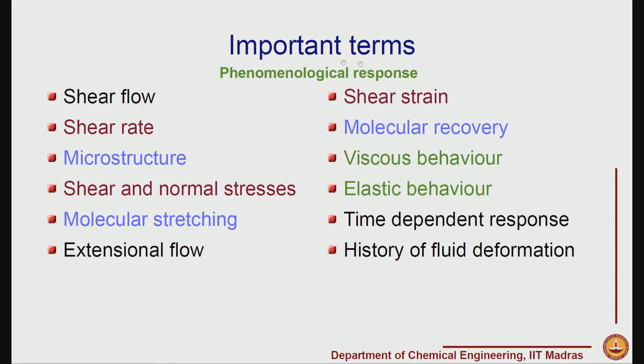We also saw that there are phenomenological responses, which we characterized. If it was in phase or out of phase, we said it is viscous or elastic, and whether it recovered completely or partially. All of these can be described phenomenologically as viscous, elastic or viscoelastic responses, and it is important to note them so that we can understand whether viscous behavior dominates or elastic behavior dominates, and to what extent.